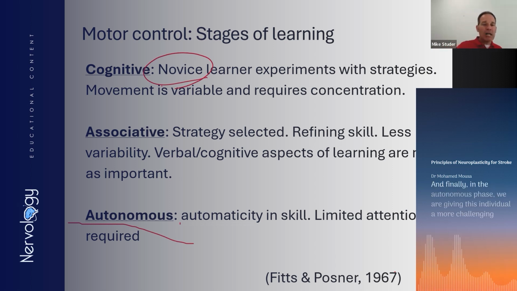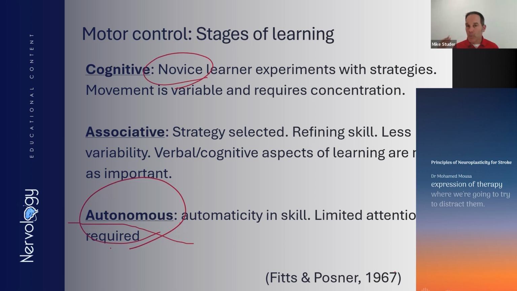And finally, in the autonomous phase, we are giving this individual a more challenging expression of therapy where we're going to try to distract them. We have them try to take what they've learned in one setting and also apply it to another setting that they've never experienced since the stroke. So we're asking for some transfer of training.